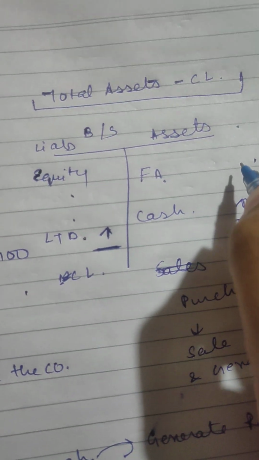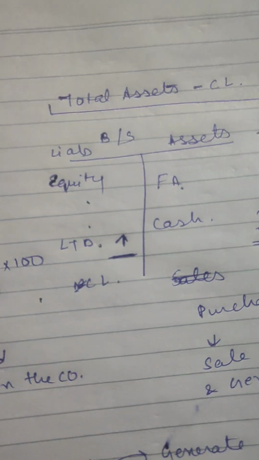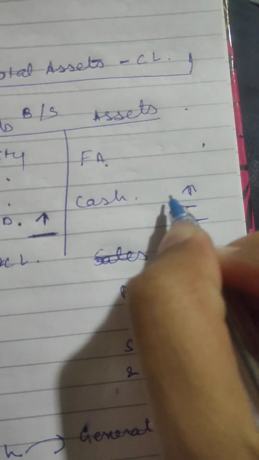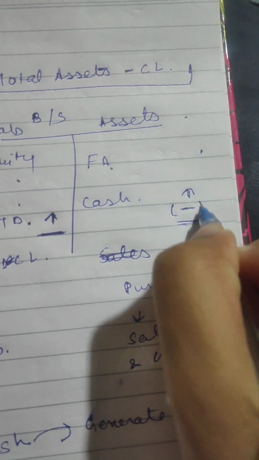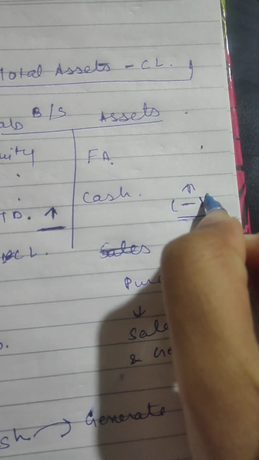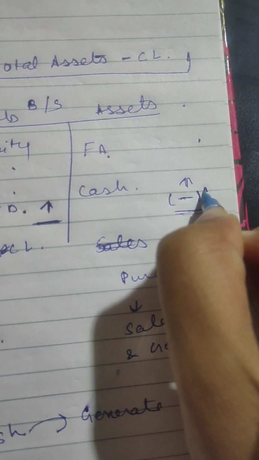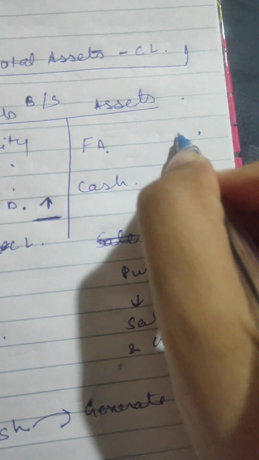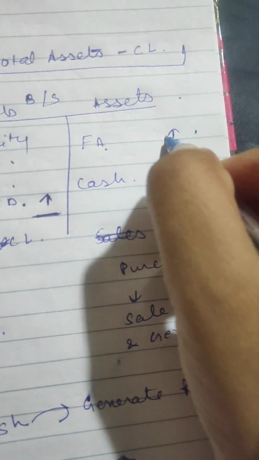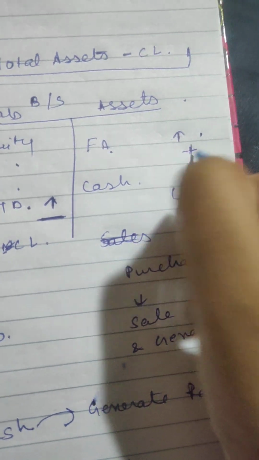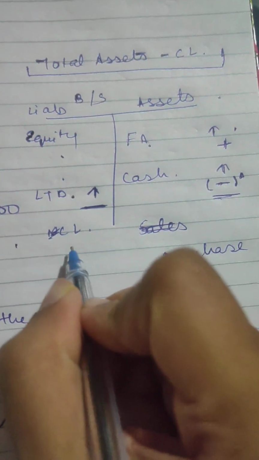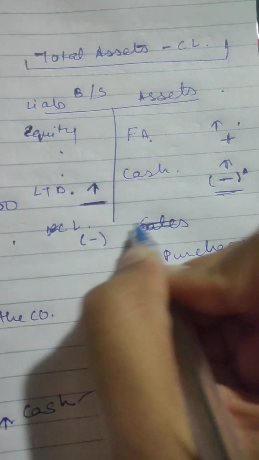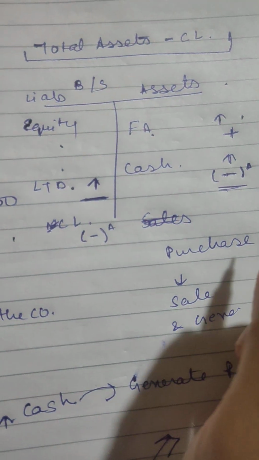If we reduce the portion of cash, for example I'm reducing cash, let's say here I am putting A for asset, then I am increasing fixed assets. Either fixed assets are getting increased or my current liability will get decreased. How is my current liability getting decreased?